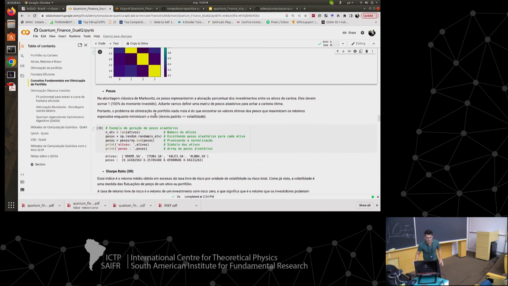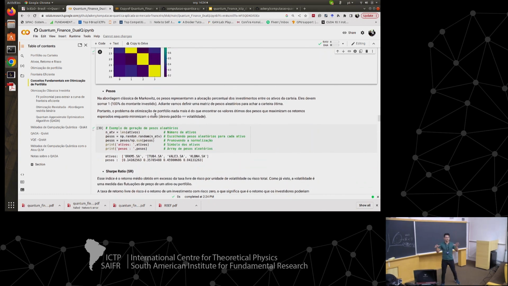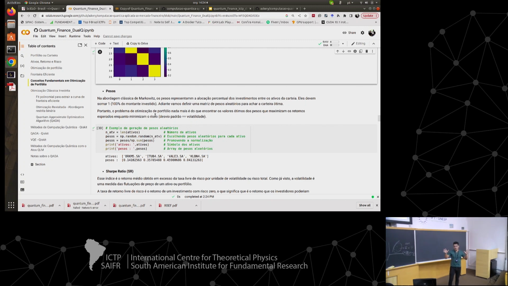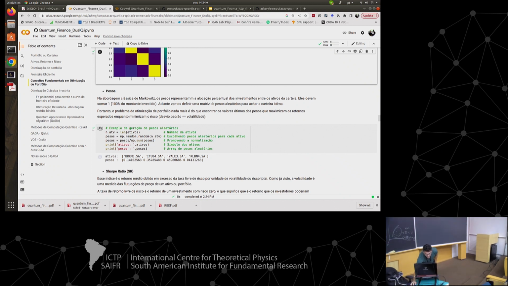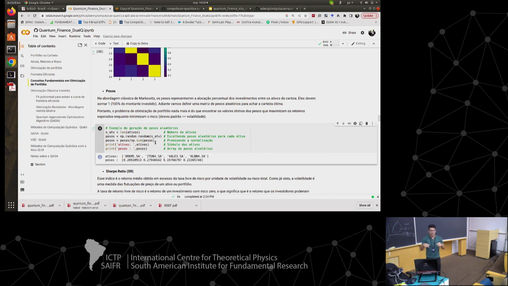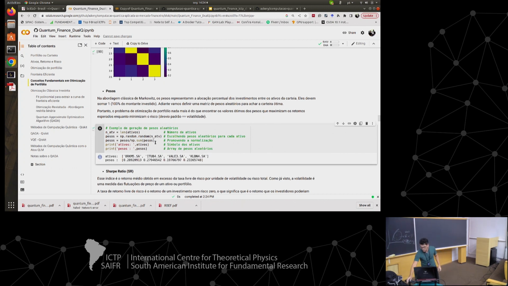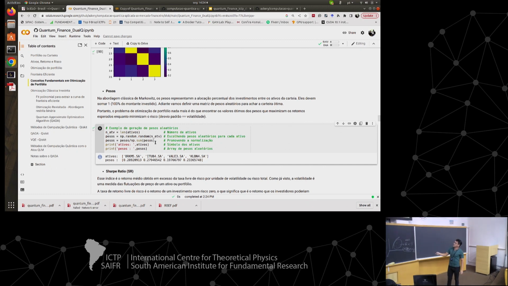So here we start with the portfolio risk management. Our goal is to arrive at that frontier, the efficient frontier. Here I'm telling you how we sample. I just want to show the weights.